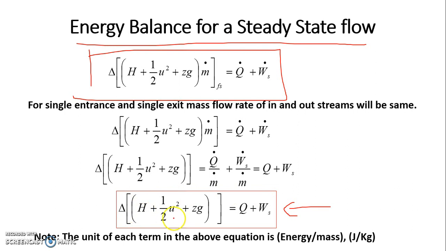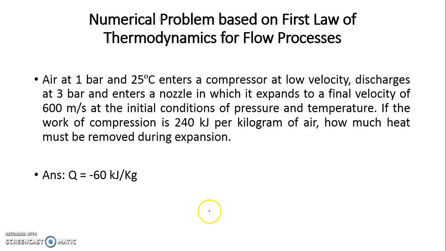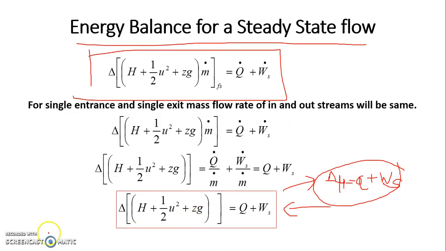Or you can say the first law of thermodynamics for a steady flow process, and this can further be simplified by neglecting potential and kinetic energy to be written as delta H equals Q plus W S, which is nothing but an expression similar to delta U equals Q plus W. So this is the energy balance equation, or the first law of thermodynamics, for a steady state flow process, and we'll be utilizing it to solve some problems when we meet in the next video. Thank you.